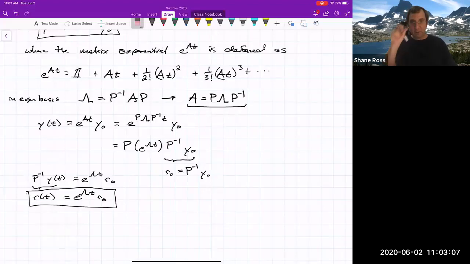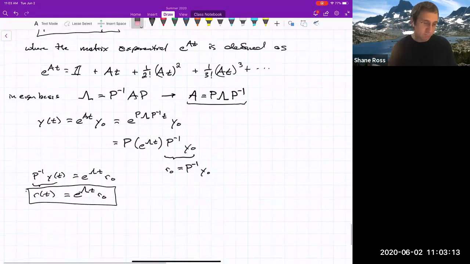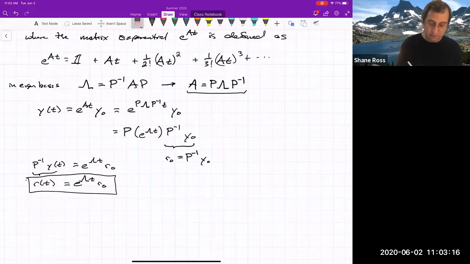It'll just be a diagonal matrix with e to the lambda 1 t, e to the lambda 2 t, and so on. So let's do an example of that. So here's another example. This is instead of a 2-dimensional, we'll look at a 3-dimensional system.